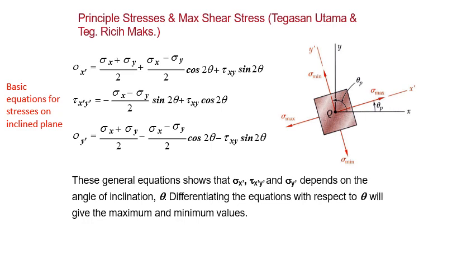From this basic equation, remember mathematics, finding maxima and minima, we just differentiate the equations. So we differentiate sigma x prime with respect to theta. We can also differentiate tau x prime y prime with respect to theta, and we will find the maximum and minimum values.